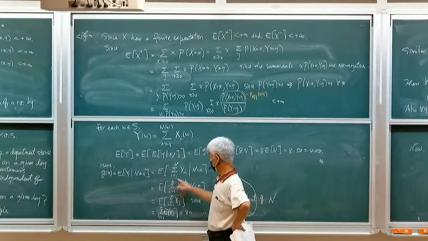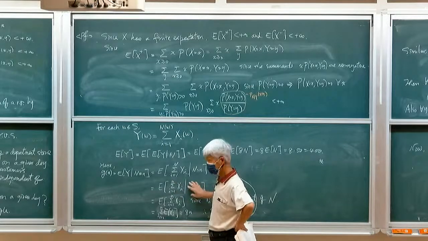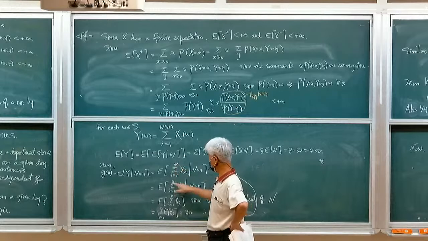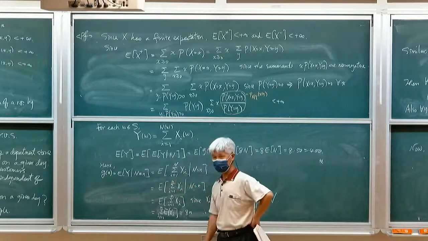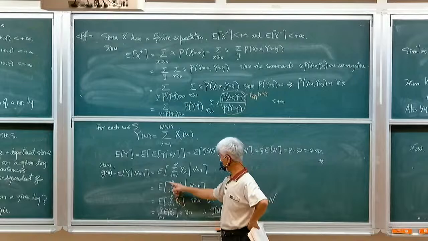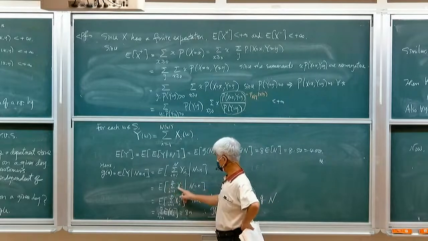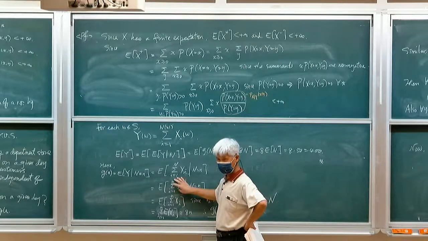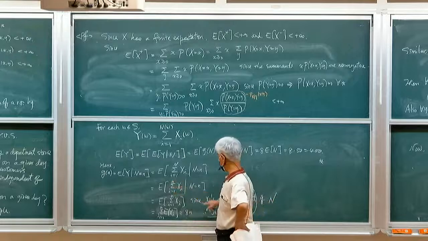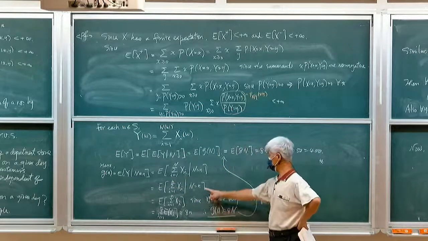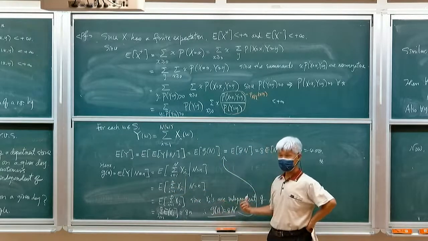So we condition on this one, right? So capital N can be replaced by little n. And then we have a finite number of X_i's summed together, right? But because each X_i is independent of N, their sum is also independent of N.